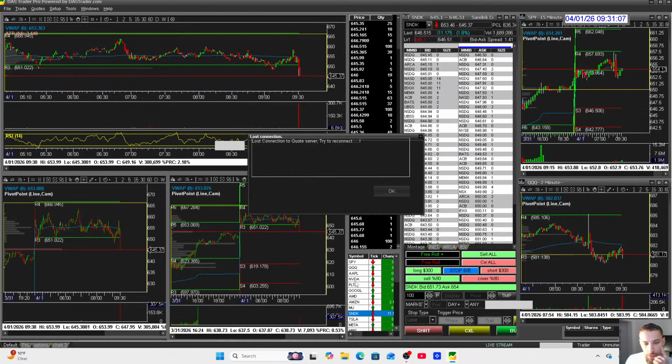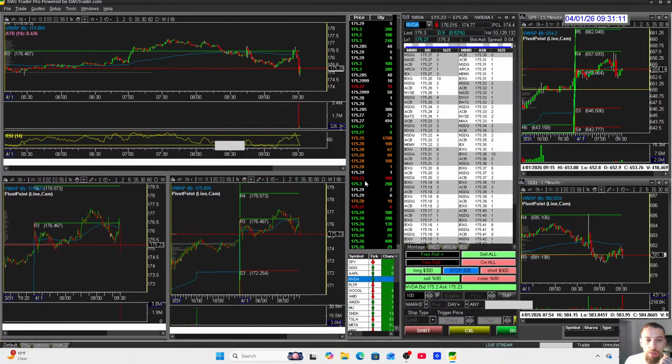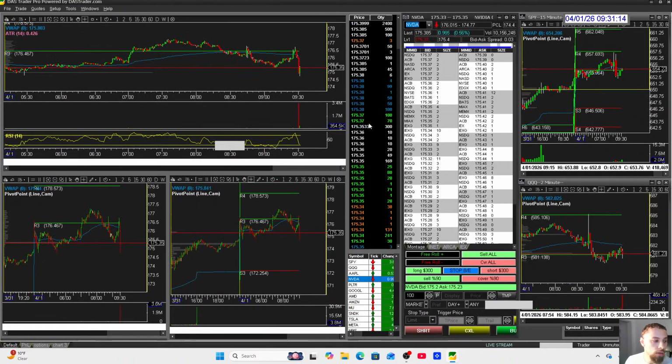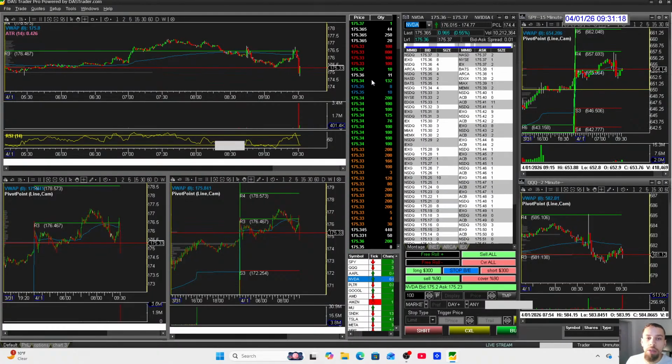If you ever want to see good price action, just go to NVIDIA. The tape should be looking like this. Should be looking very speedy.